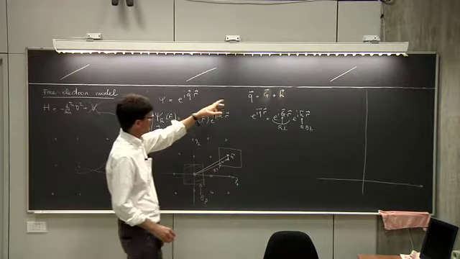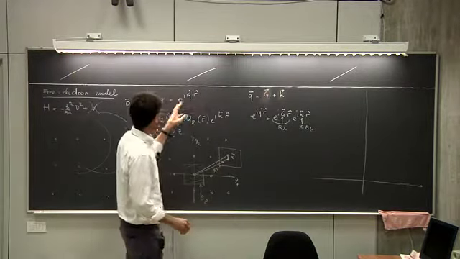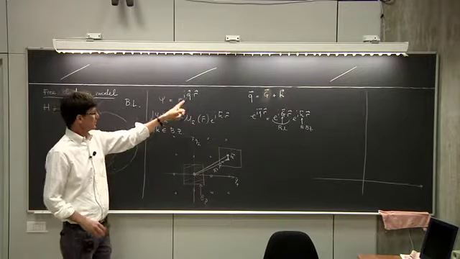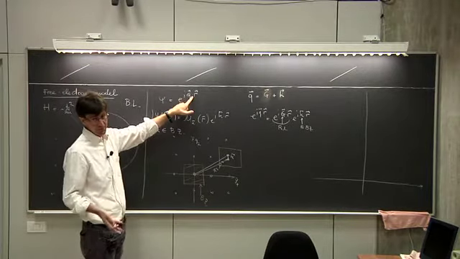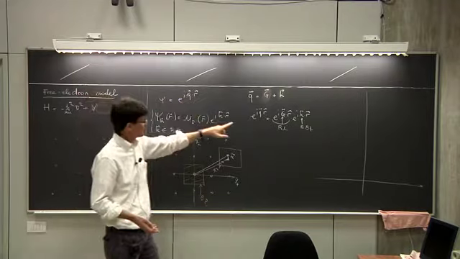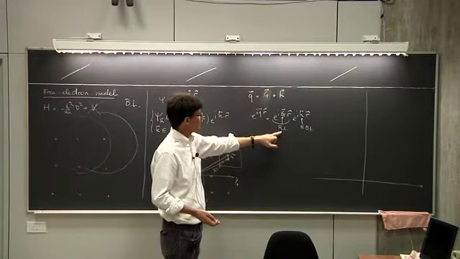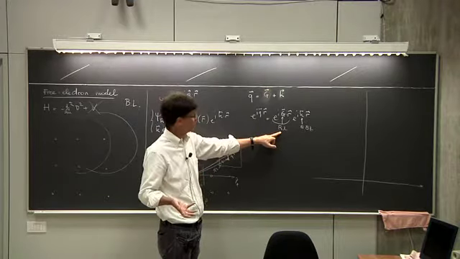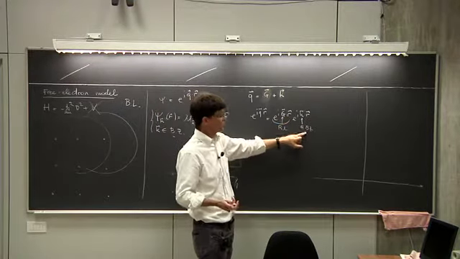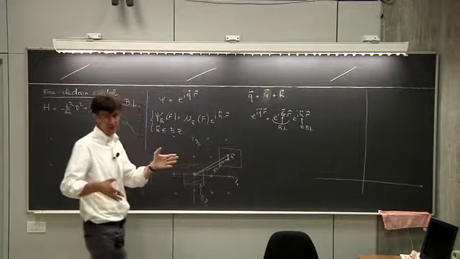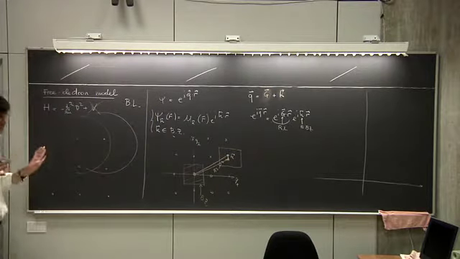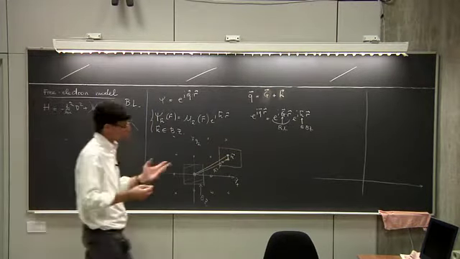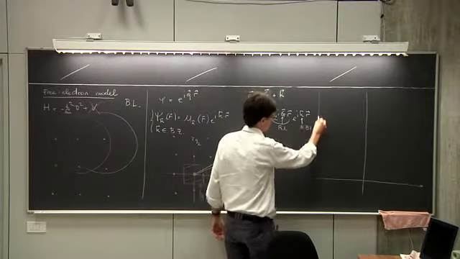In the one-dimensional case, everything becomes much simpler. The scalar products become just products between numbers. Reciprocal lattice vectors are 2 pi over a times n, an integer. The Brillouin zone is minus pi over a to pi over a. So in one dimension, everything is very simple.